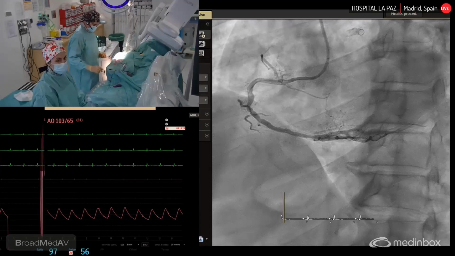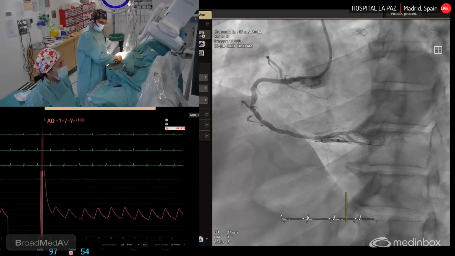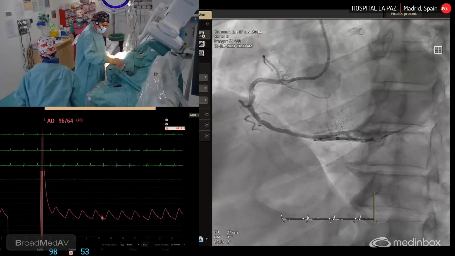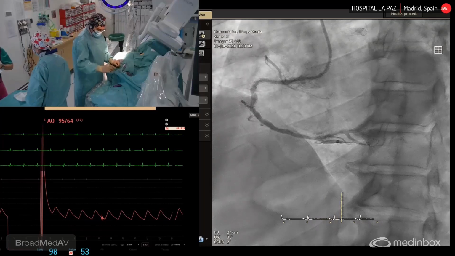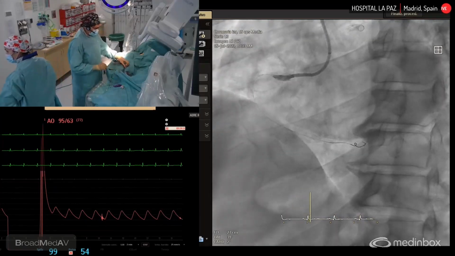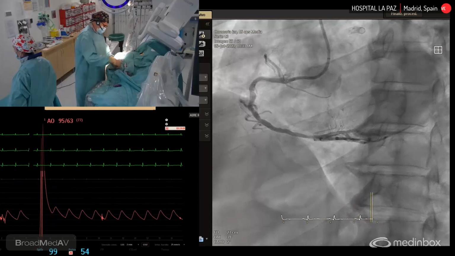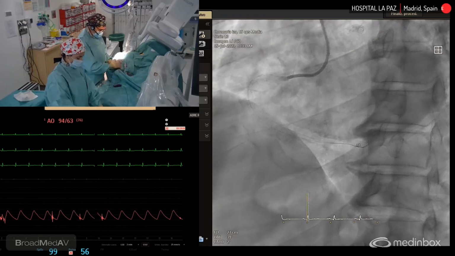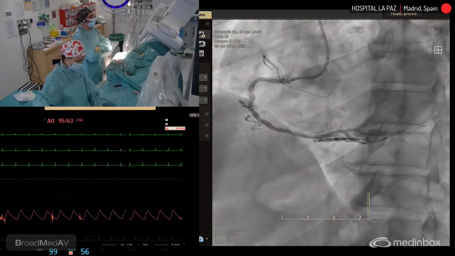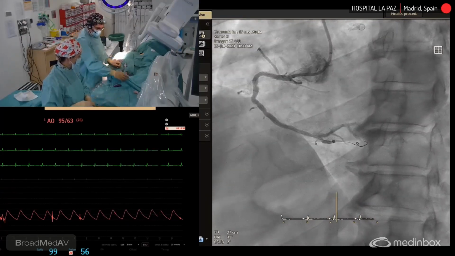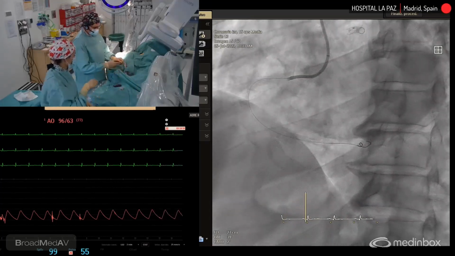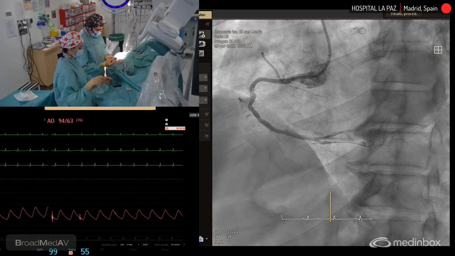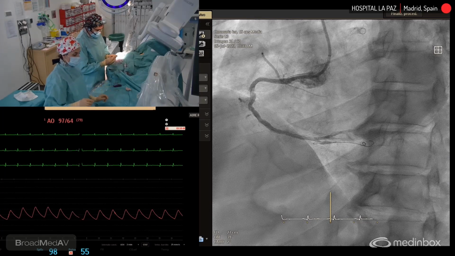So we have a question about our experience with laser in calcified lesions. If we have good experience at all. Yeah, we have some experience in this point. Mainly my colleague Alfonso Jurado is an expert in this field. We are working in a randomized study comparing rota, laser, and shockwave, and according to the indications, it seems that laser would not be the best option for severe calcification, but in our experience, it works.